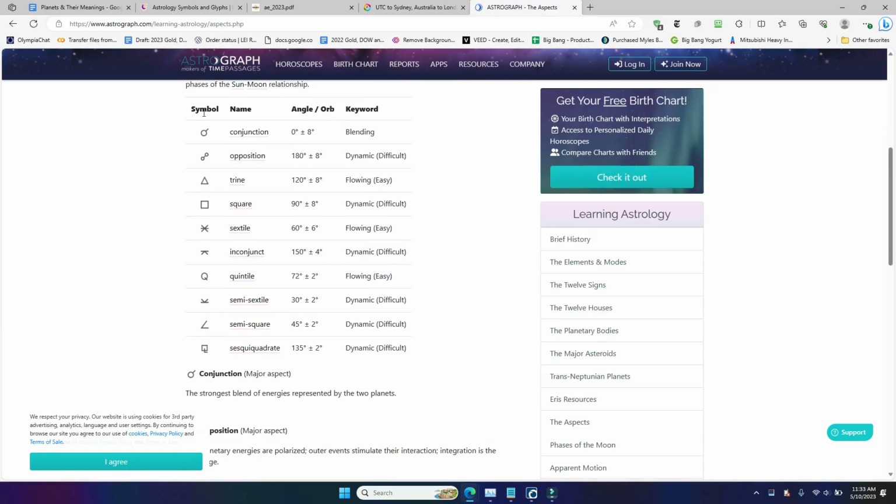Now, when we look at what these mean, there are two ways to look at it, okay? From a forecasting perspective and from an astrological perspective. If, for example, you have a conjunction, it means that both the planets are at 0 degrees of each other, and that is a 0 degree orb.